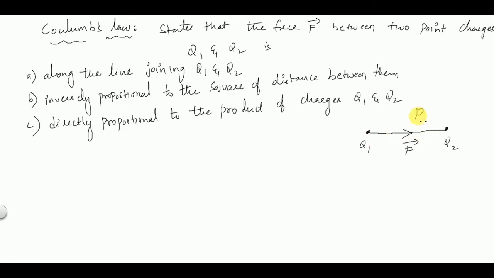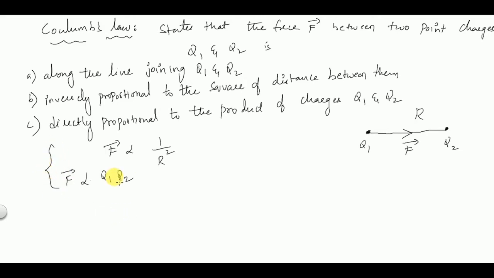Suppose this is R, the distance from Q1 to Q2, so the force is inversely proportional to R square, and it is directly proportional to the product of the charges, that is F is directly proportional to Q1 Q2.